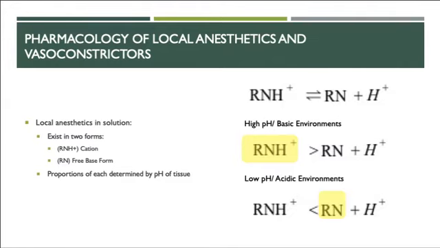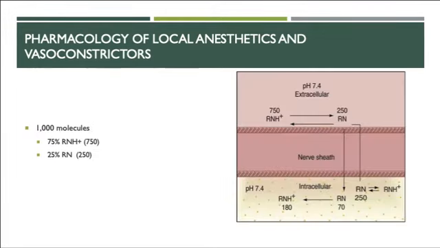This is important to know really because the local anesthetic can only diffuse through the nerve sheath to elicit its action if it's in its free base form or the RN form. As I mentioned before, the proportion of free base that's available is really dependent on the pH of the environment. So, let me give you an example of this process.